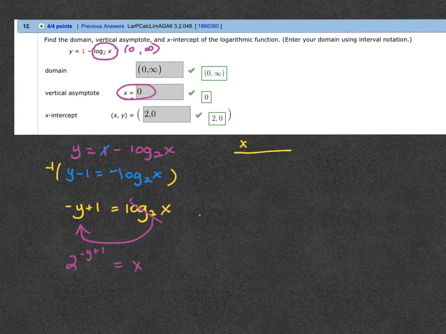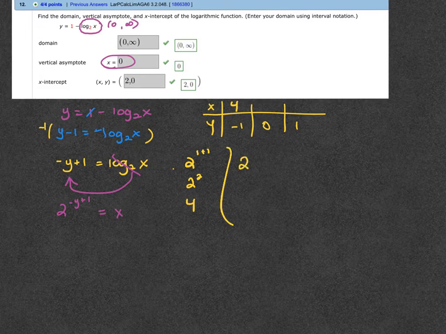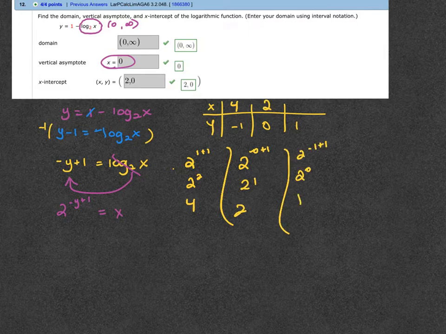And then I'm going to plug in for the y. So I get 2 to the negative -1 plus 1, that's 2 to the second, which is 4. 2 to the negative 0 plus 1, which is 2 to the first, or 2. 2 to the negative 1 plus 1, 2 to the 0, which is 1.